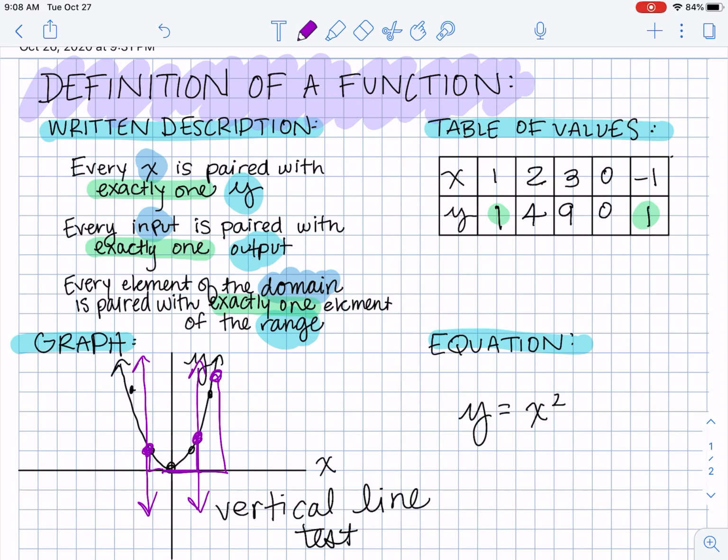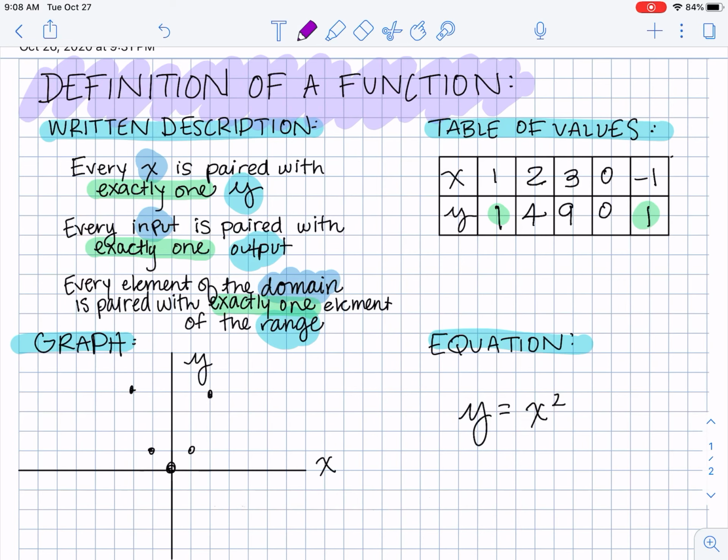Let me show you an example of where that might occur. So let's just get rid of all of this. Goodbye. Now, what if we had a different situation? What if our graph, let's start with the graph, looked like this?